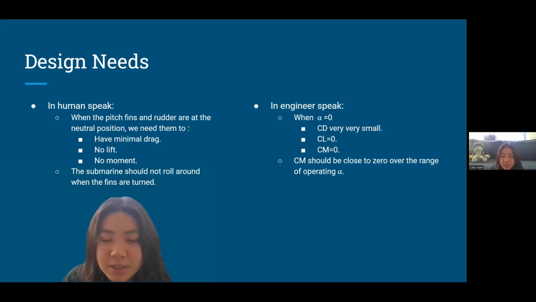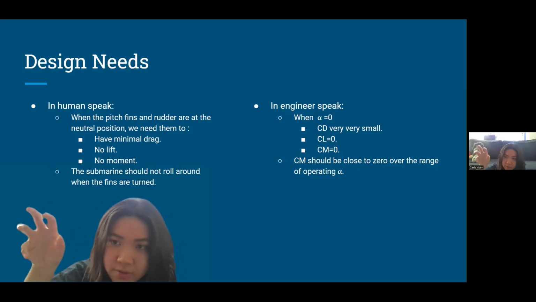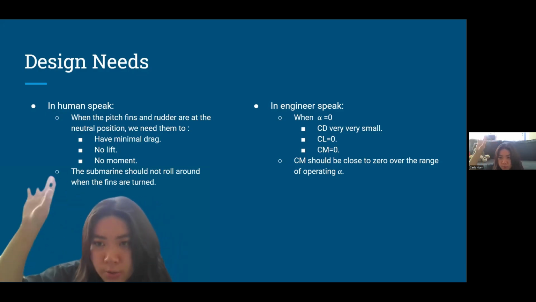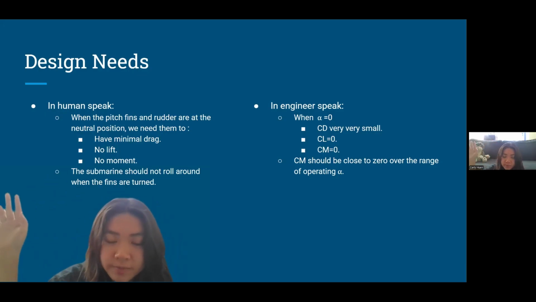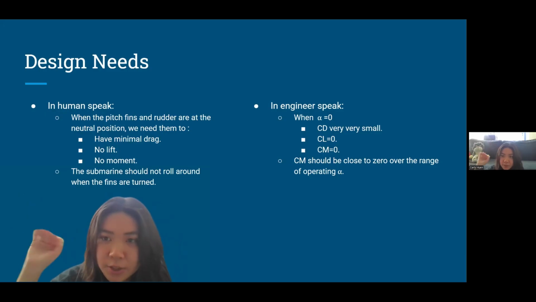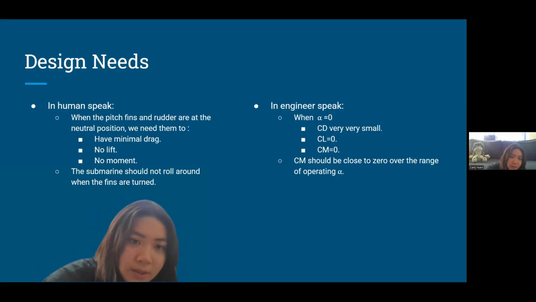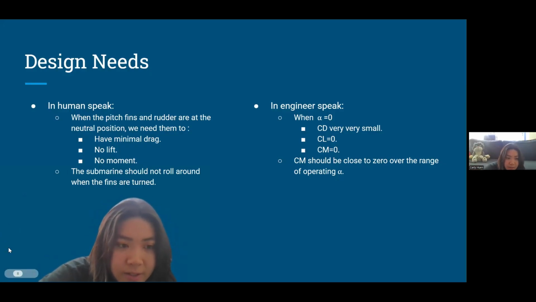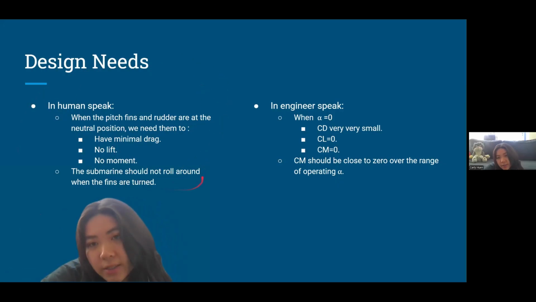During the course of your study, you're going to see moment of this, moment of that. Moment means rotation, just a mathematical general term for rotation. That's it. Don't get it twisted. Okay. Anyways, these are the design criteria we need.